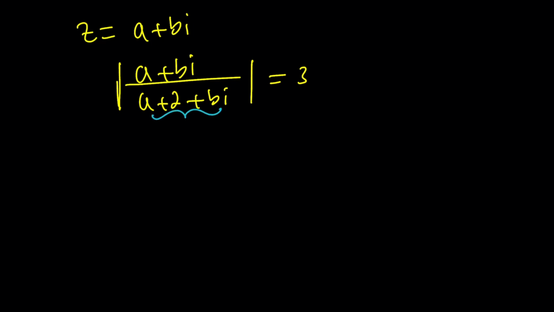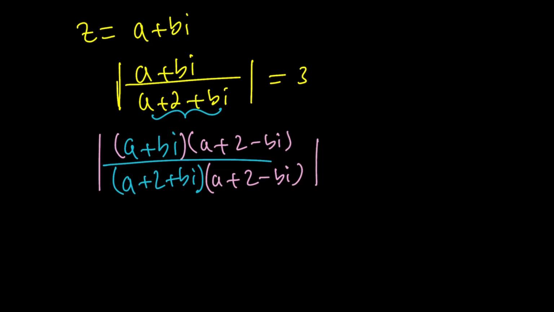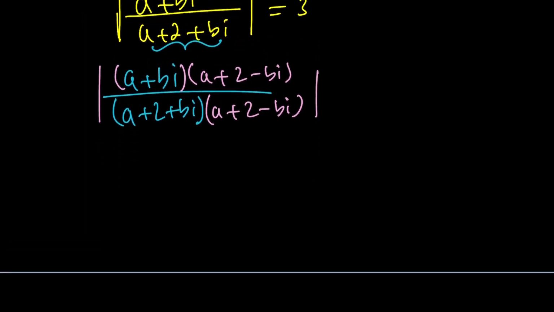just make the bottom part real by multiplying by the conjugate. So let's take a plus bi over a plus 2 plus bi, and then multiply the top and the bottom by a plus 2 minus bi. Now, from here, you're going to get a somewhat complex expression, or should I say complicated.